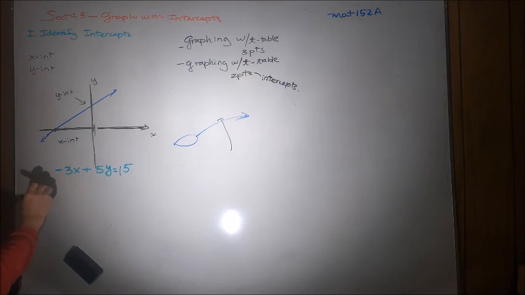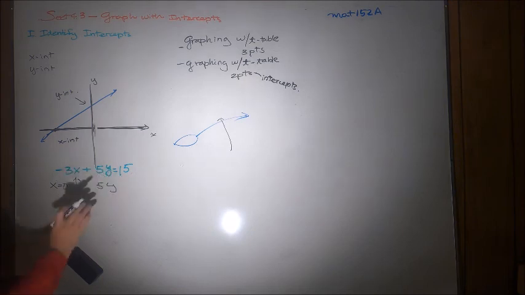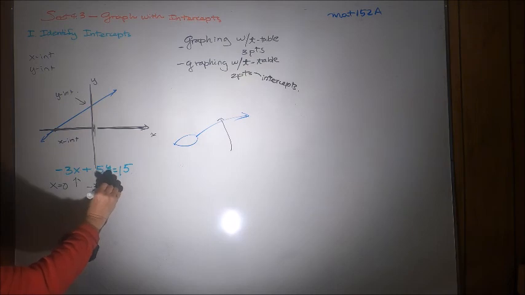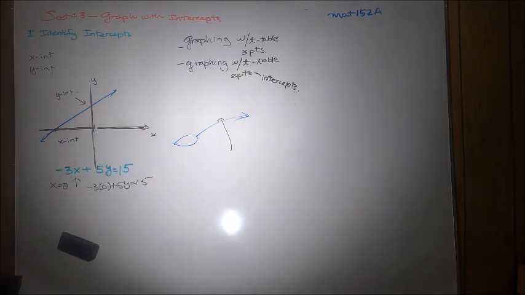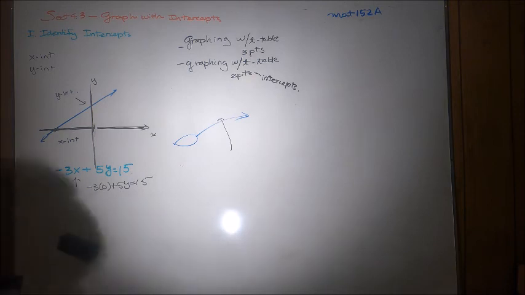If I put x equals 0, what do I have? I have 5y, right? Let's write the whole thing. Negative 3 times 0 plus 5y equals 15, right? Then this is 0.